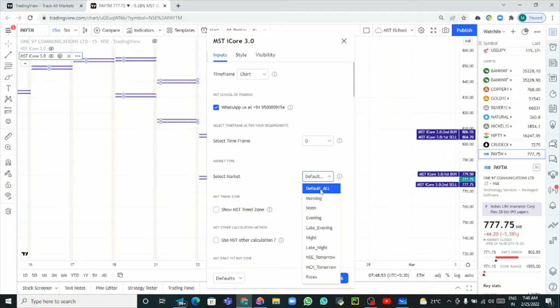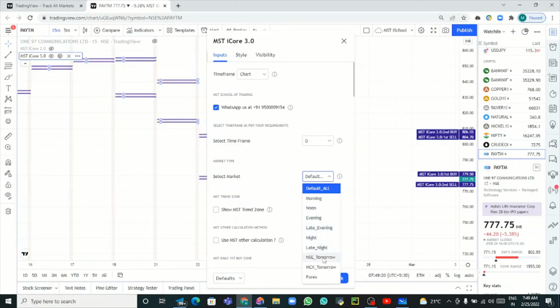Once you have got the targets, close the trade, don't overtrade. If you want to trade again, then select morning. If you have booked the profit, exit from the market, don't trade again. Again, if you are more aggressive and want to trade again and again, we have the option. Go to noon, then evening, then late evening, then night, late night.